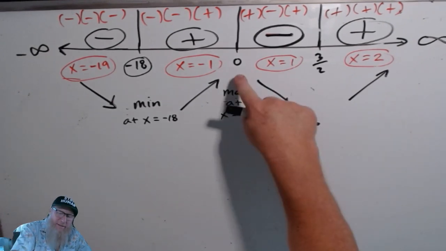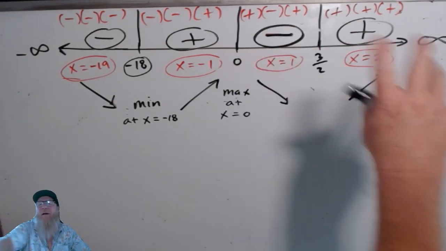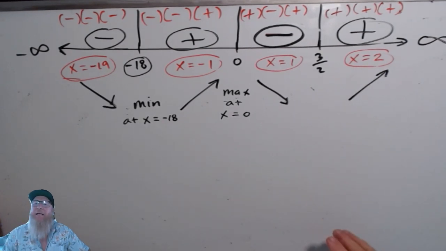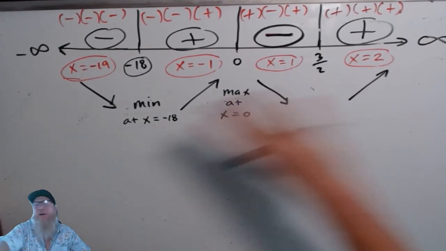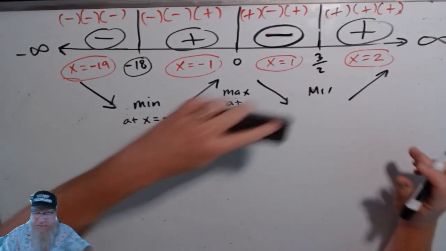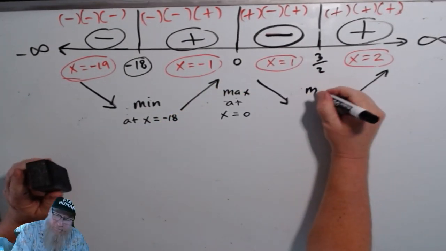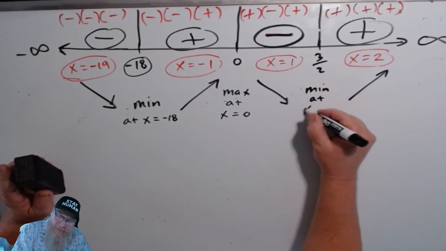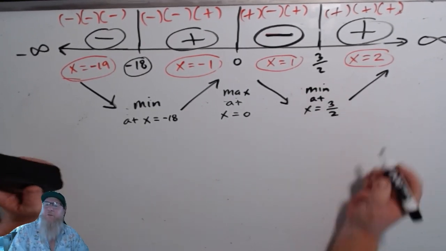If you want to know what the actual maximum is, you have to go back to the original problem and plug it in to find out the y value. I've already erased it and I'm moving on. And then there's a min at x equals 1.5 or 3/2.